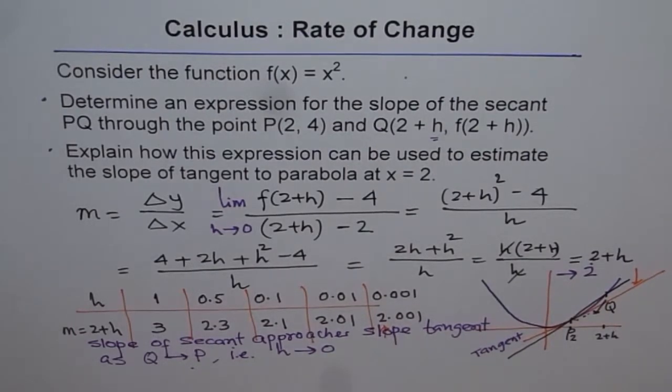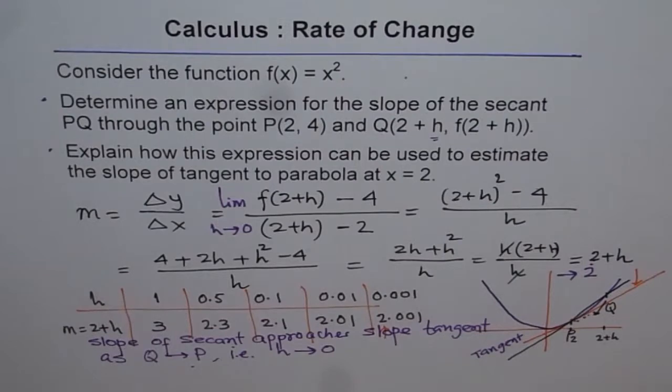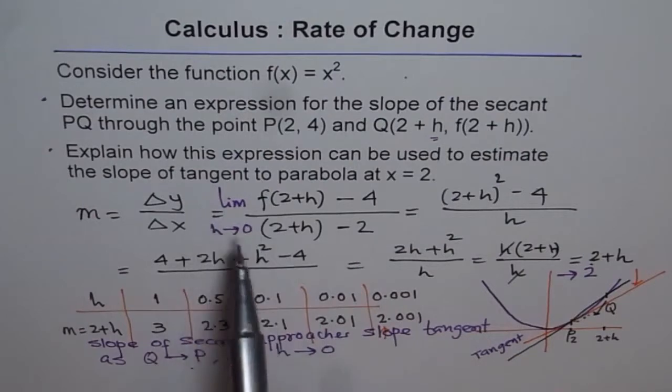So as h approaches 0, this difference quotient, which normally gives you the slope of the secant, will represent the slope of the tangent. So that is what we learned from this particular exercise. And this is the definition which we are going to use for all our calculations of instantaneous rate of change or finding the slope of the tangent, correct?